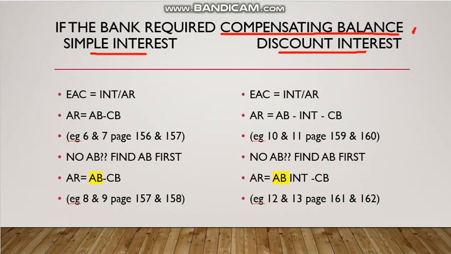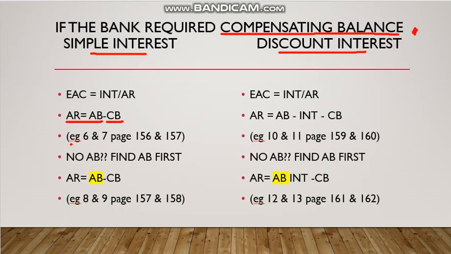For the AR here, for the simple interest, previously AR equals AB. But if we have the compensating balance, this figure we have to leave in our account, so we have to minus the CB.